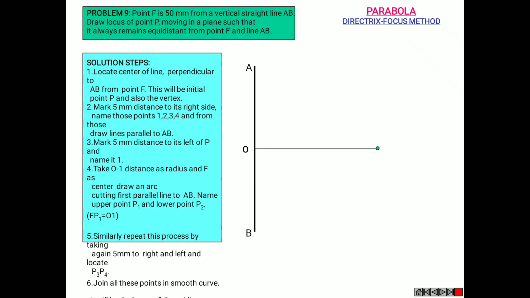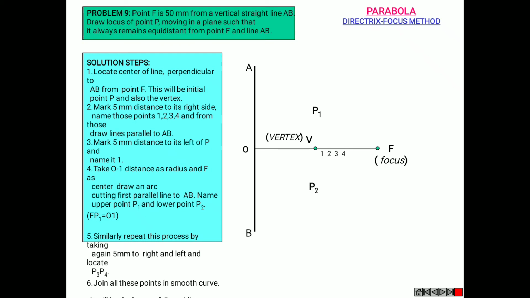At the end you mark a point and note it as F, the focus, and exactly at the center mark a point and note it as V, the vertex. So here OV is equal to VF. Since OV is equal to VF, the eccentricity is equal to 1, in order to obtain the parabola.